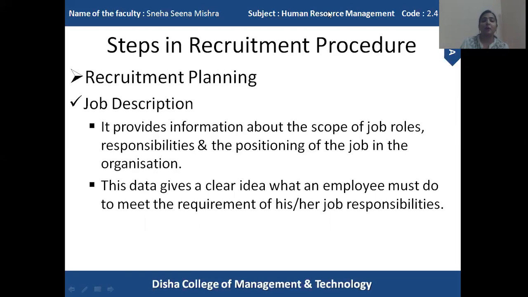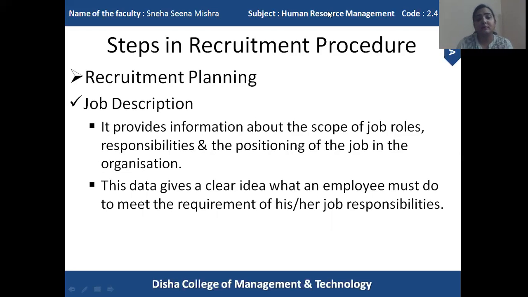So here in job description, a detailed analysis of a job is done in terms of its role, what responsibilities and duties a job has, and what the positioning of the job in the organization is. That needs to be determined. So this type of data gives a clear idea of what kind of activities an employee must do to meet the requirement of his or her job responsibilities.